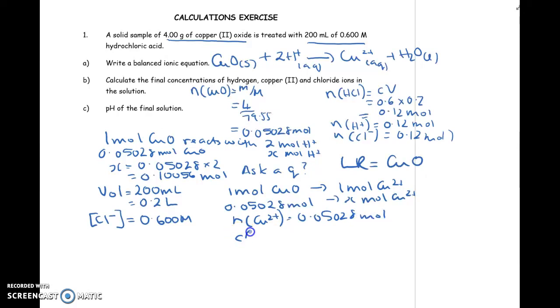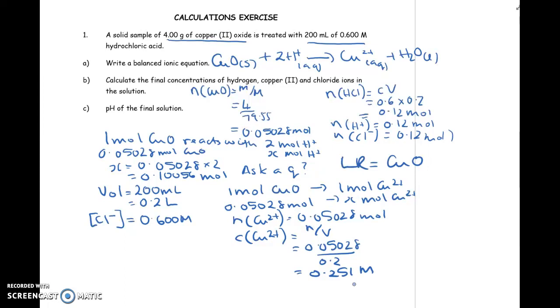So the concentration then of copper ions is equal to number of moles divided by volume, which is 0.05028 divided by 0.2, which is equal to 0.251 molar. Now as we've got 3 significant figures here, 3 significant figures here and 3 significant figures here, this needs to be answered to 3 significant figures as well.